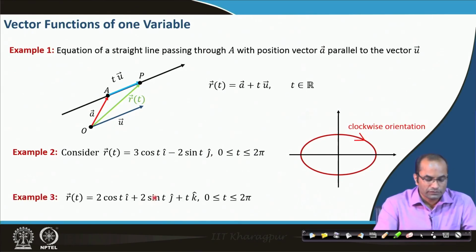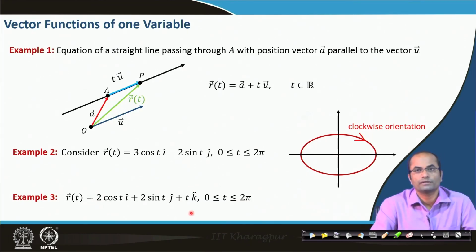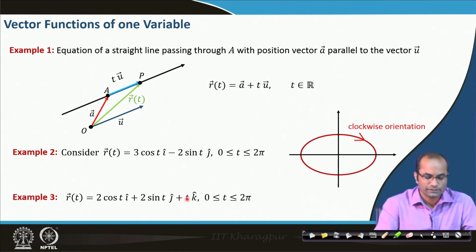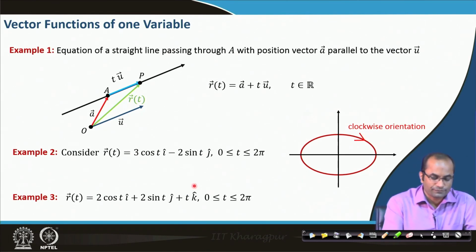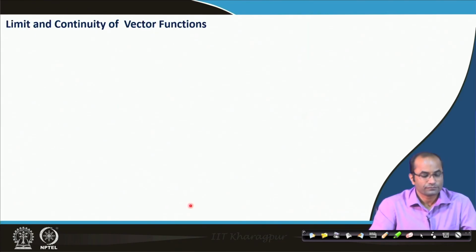Another example in 3 dimensions could be 2 cos t i, 2 sin t j, and then t in the direction of k. This will be a helix. These are the equations of a circle in 2 dimensions, but we have the third component also, which will lift this curve in the direction of z. So, here we have a helix.